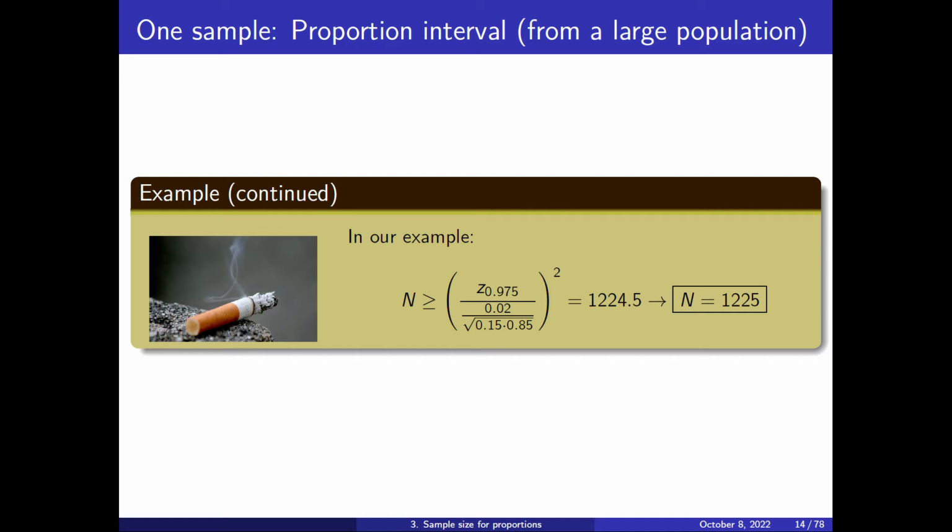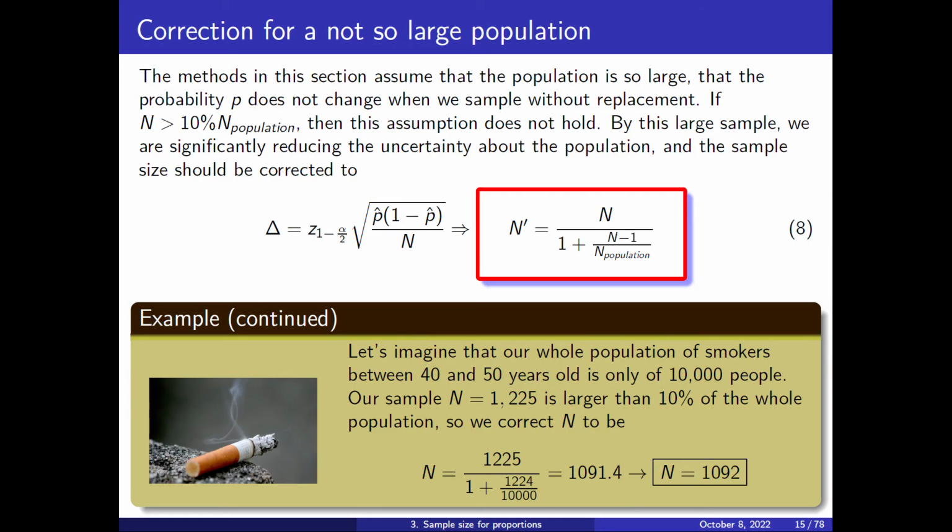What happens if the population is not that large? We had millions of smokers, but if our population is smaller, then instead of millions we have thousands only. Let's say we have 10,000 smokers, then our sample size is larger than 10% of the total population.